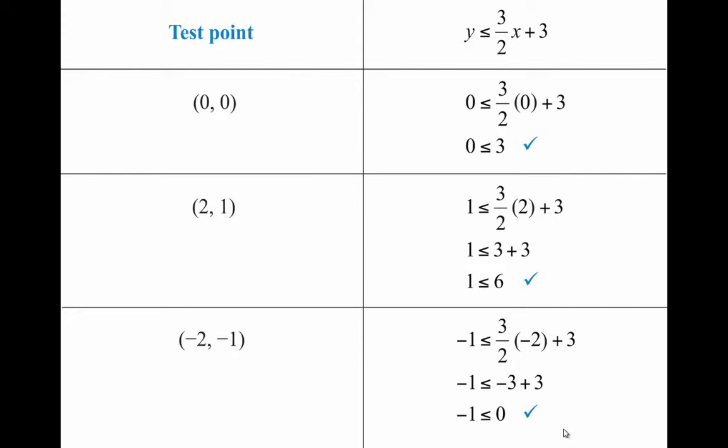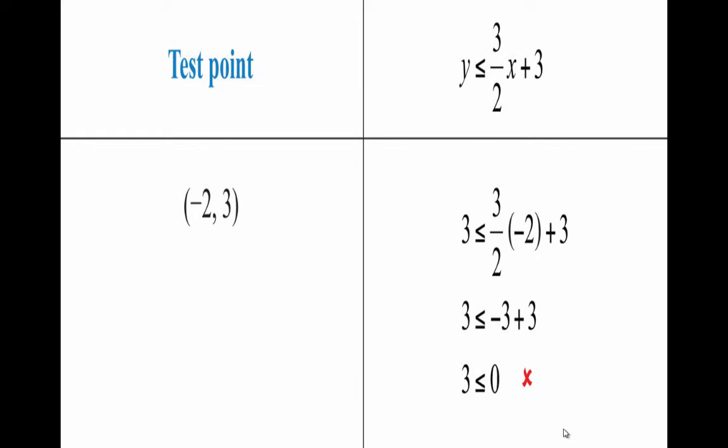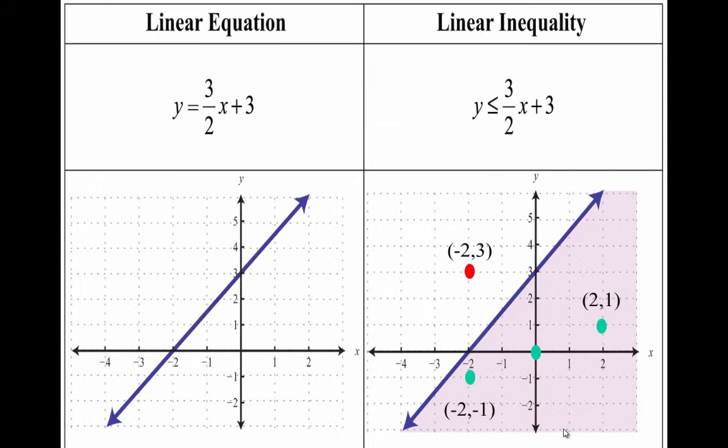So if they do work, then that makes it easy for us. Now the test point that I'm showing here does not work. Which means that the actual solution down at the very bottom of the right hand side is invalid. So that solution does not work. What that means is, as the next slide shows on the right hand side, the test points that we just went through as equations, all 3 of the ones on the bottom right are valid solutions to the inequality on the right hand side.